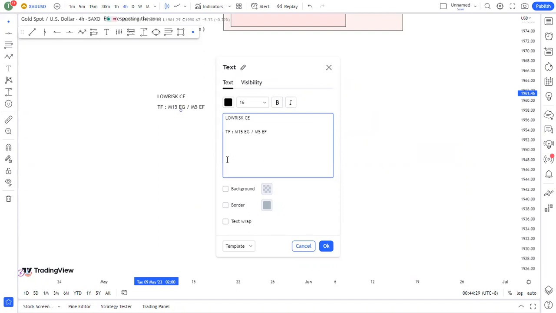The pro is that the price will have less floating. When the price creates an M5 EF and gets into the zone of M5 EF, we buy, and then the price pumps out.